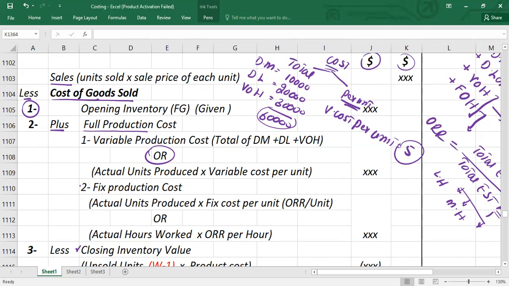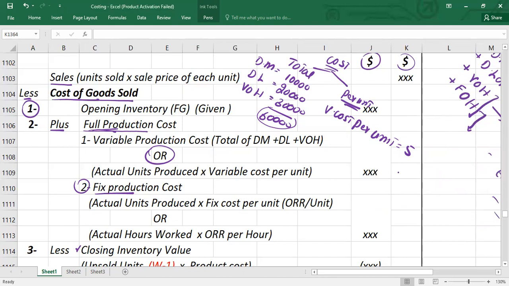Guys, here I'm talking about the second portion of the production cost, which is called fixed production cost. Again here guys, for fixed production cost, as we studied previously, we always need the overhead recovery rate for fixed overhead. And how do you calculate the overhead recovery rate? You need total estimated fixed overhead divided by total estimated activity level. Again, which activity level?